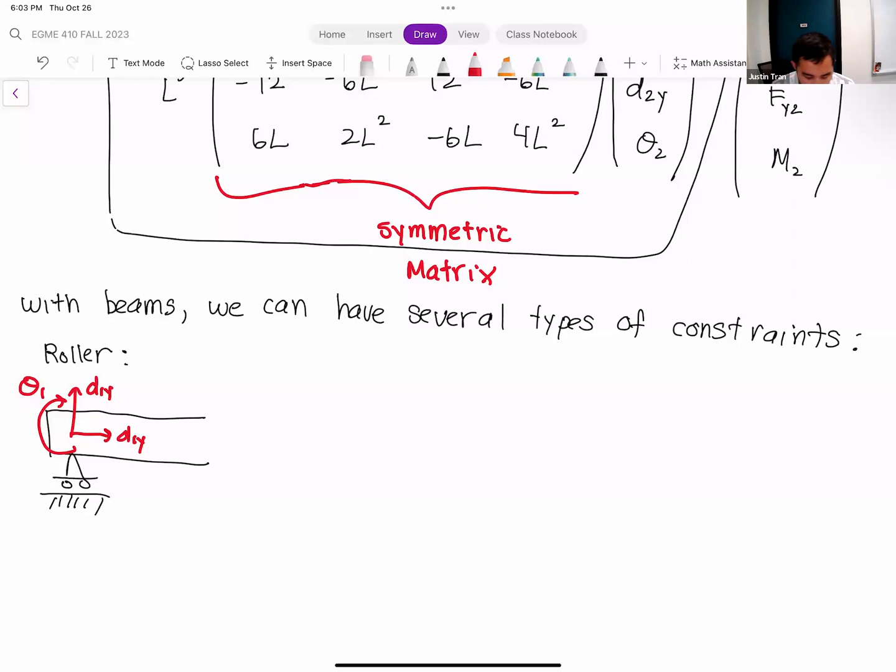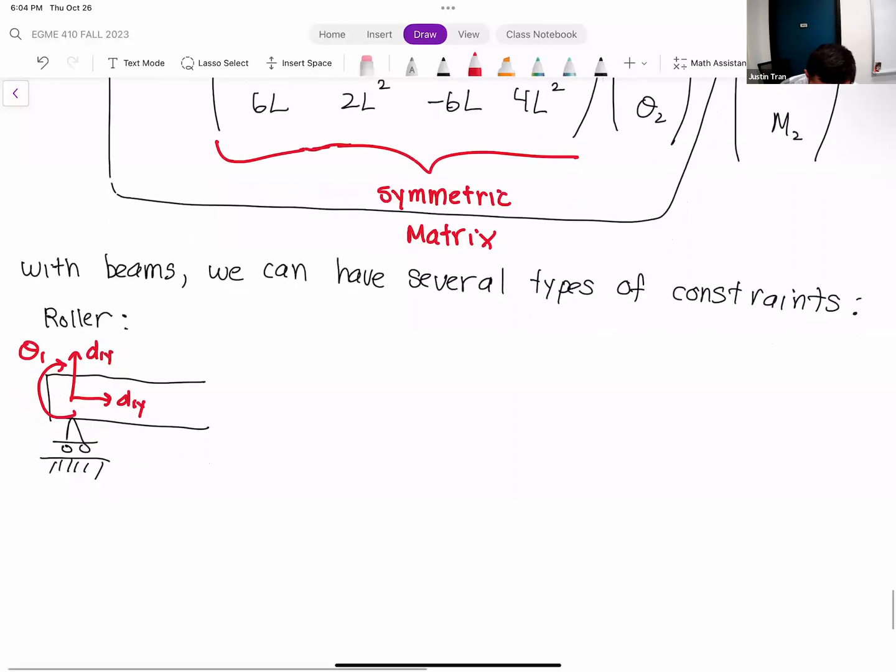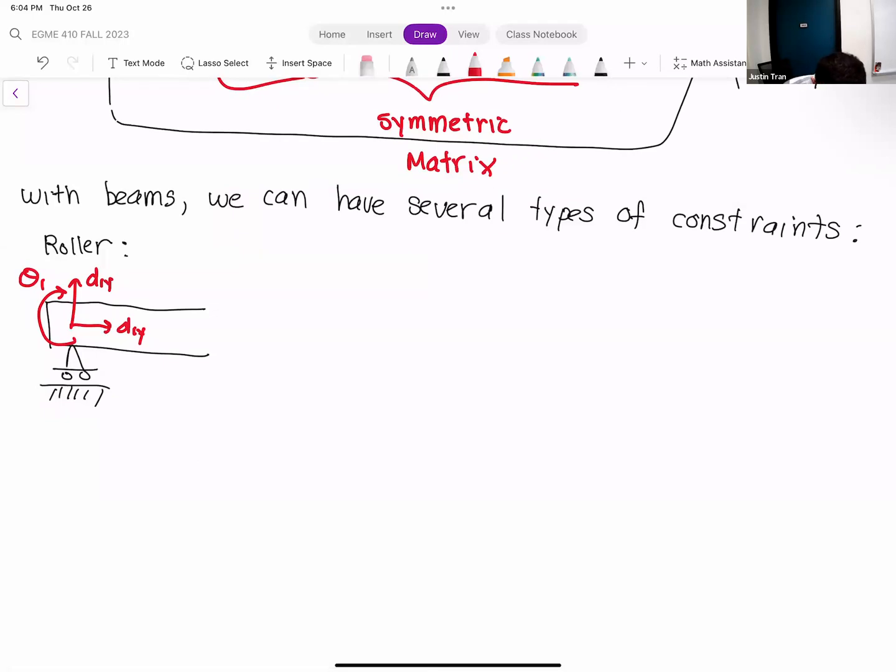Okay. And so the roller support is only going to constrain the deformation perpendicular to that roller. Okay. And so in this case, we're going to have d1x. So d1x is not going to be constrained here. So d1x is going to be free. Okay. Right. d1y here is going to be constrained because it's a roller, so it's going to prevent any kind of deformations in that direction.